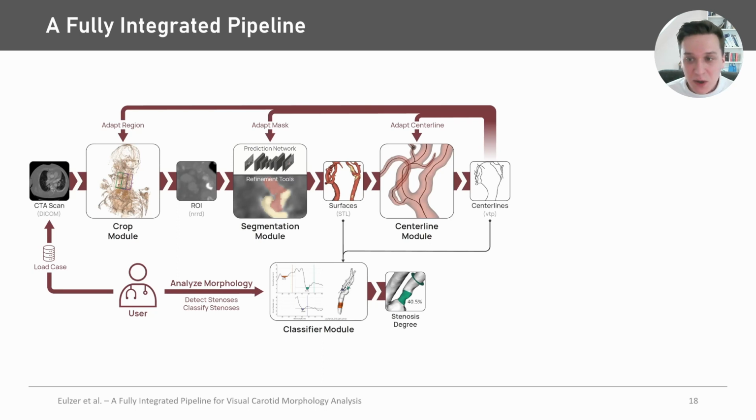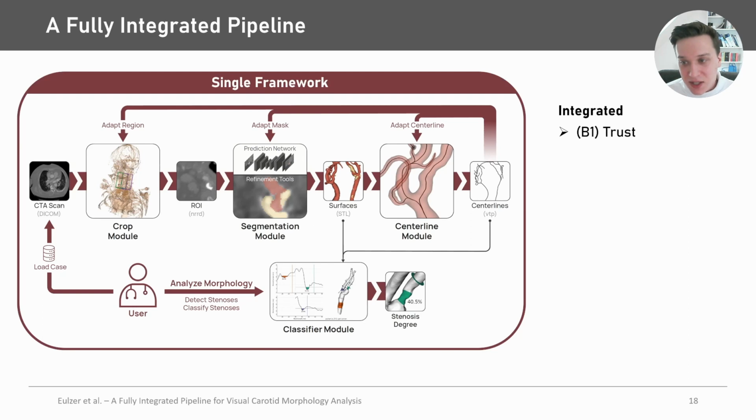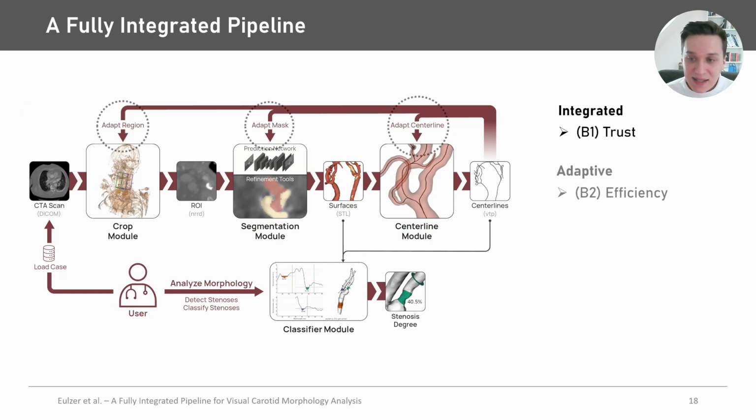And what we do is we propose an integrated, adaptive, modular pipeline framework. Integrated means that processing and visualization can be done in one coherent framework, which fosters the understanding and trust in the processing steps. Adaptive means that edits in earlier pipeline stages can be made retrospectively, so edits propagate automatically if possible, which greatly simplifies validation and correction of the data.